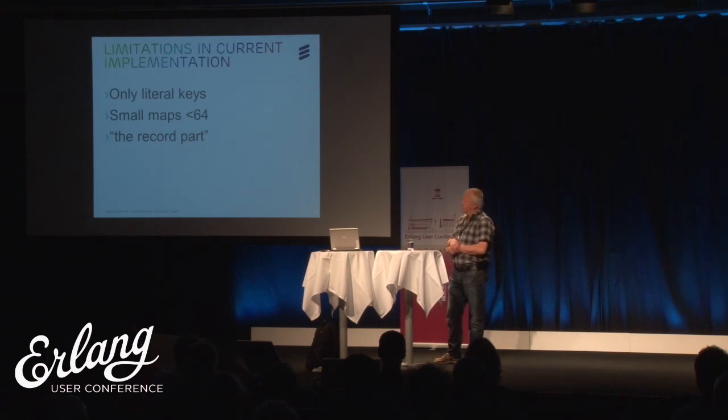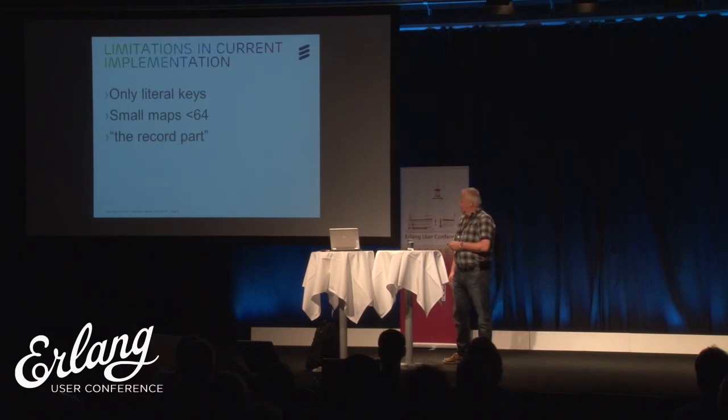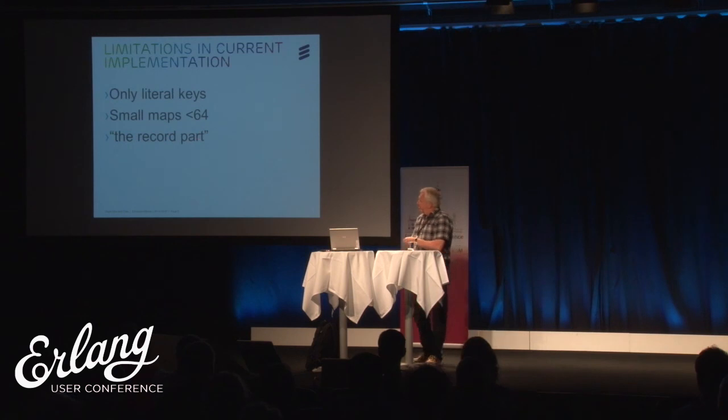I mean, it supports more, but it's a linear search for the key, so when it goes up to hundreds and so on, it will have bad performance. And when you have literals, it's not so easy to create big maps anyway. You can say that this is the record part of maps.